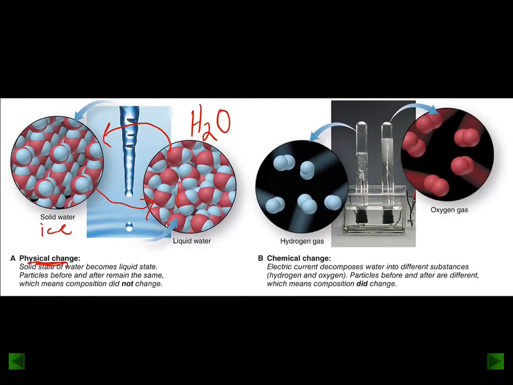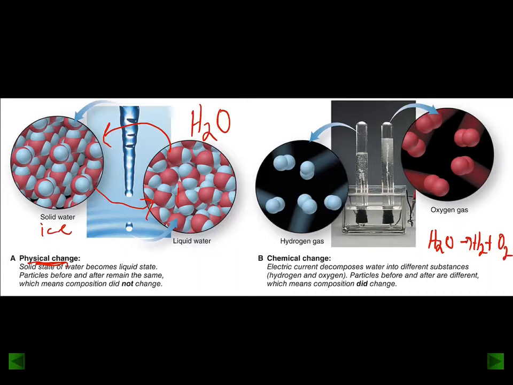And here we have an example of a chemical change. In this case, we apply electric current and it's decomposing water. So what we have is water in these tubes, and it's decomposing the water. So we're getting H2O going to H2, or hydrogen gas, plus O2.